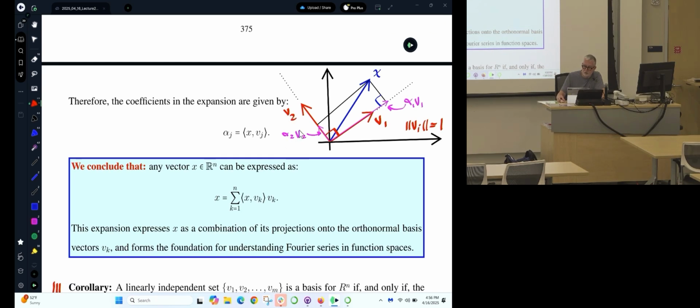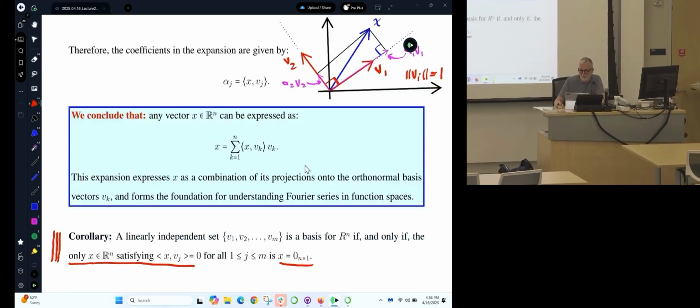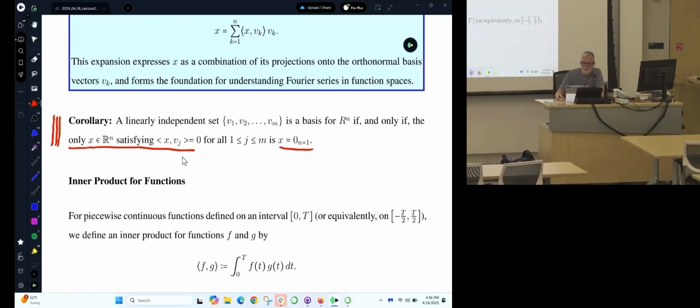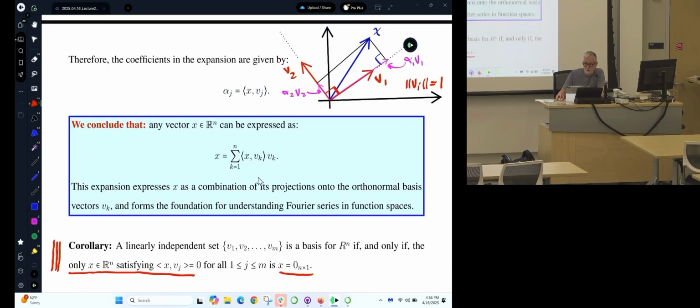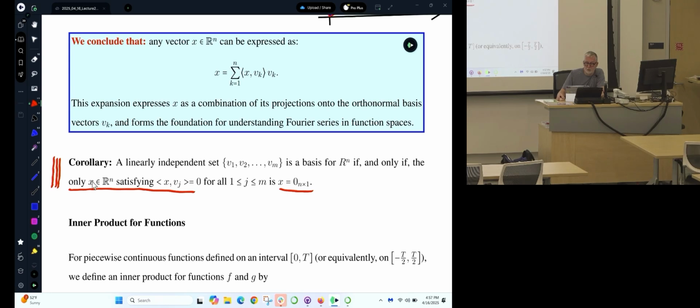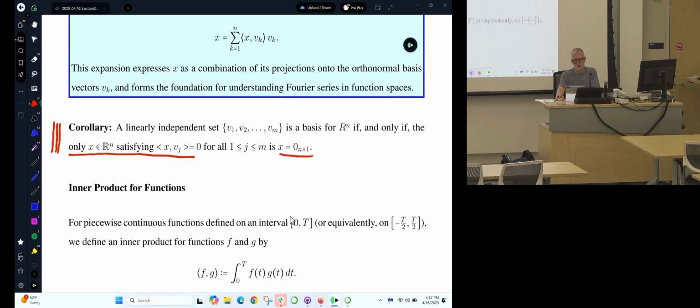So I do V2 dot alpha 2 V2, and I get 0. That's only if alpha 2 is 0. So we're going to use this observation: one way to see that you have enough orthonormal vectors is that the only vector orthogonal to the basis is the 0 vector.